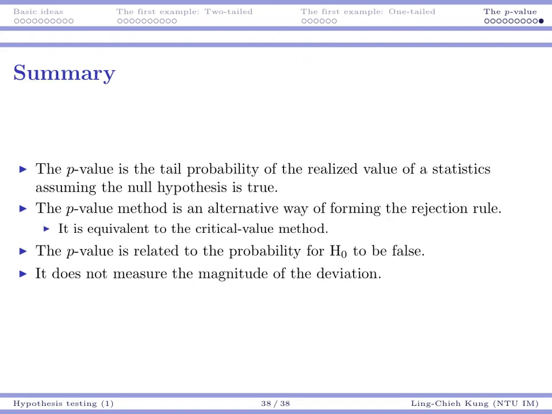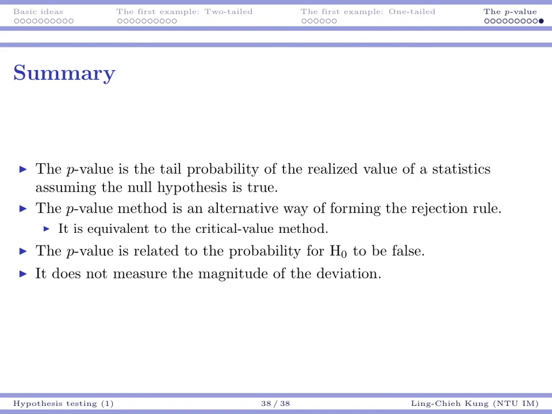Summary. The p-value is the tail probability of the realized value of a statistic, assuming that the null hypothesis is true. The p-value method is an alternative way of forming the rejection rule. You have the critical value method, you have the p-value method, they are just equivalent. The p-value is related to the probability for your H0 to be false.